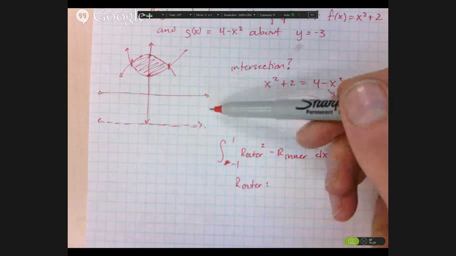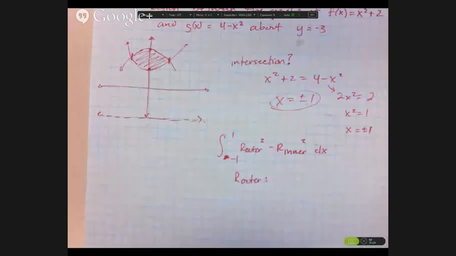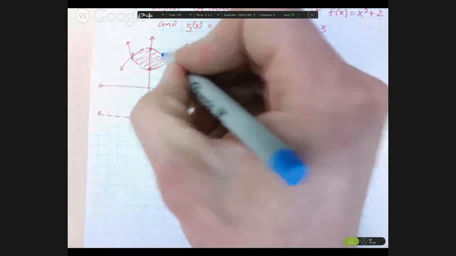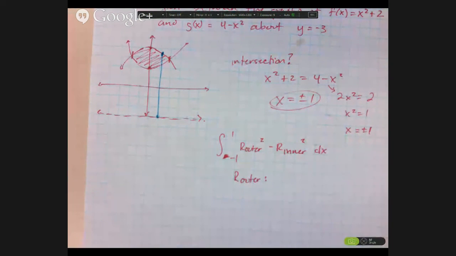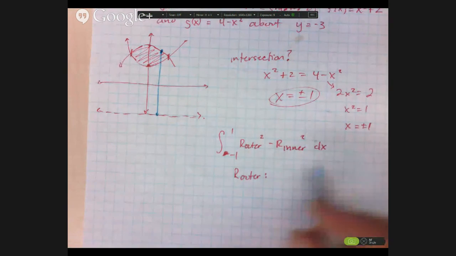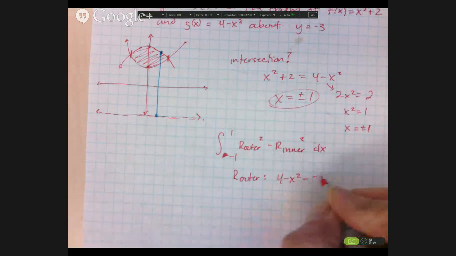How much are we adding to that? From here to here, what's the radius? The easier way is just to know it's a subtraction problem. So our outer radius is going to be 4 minus x squared minus -3.